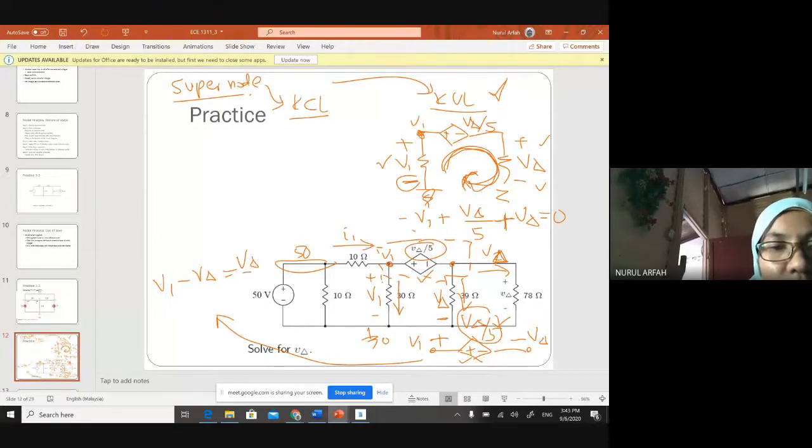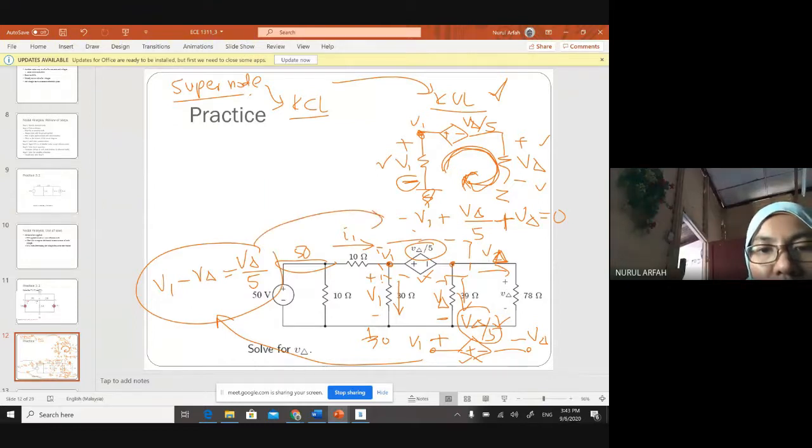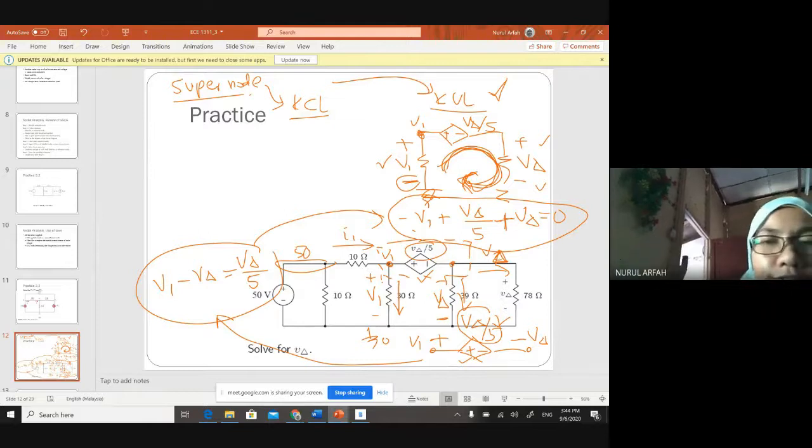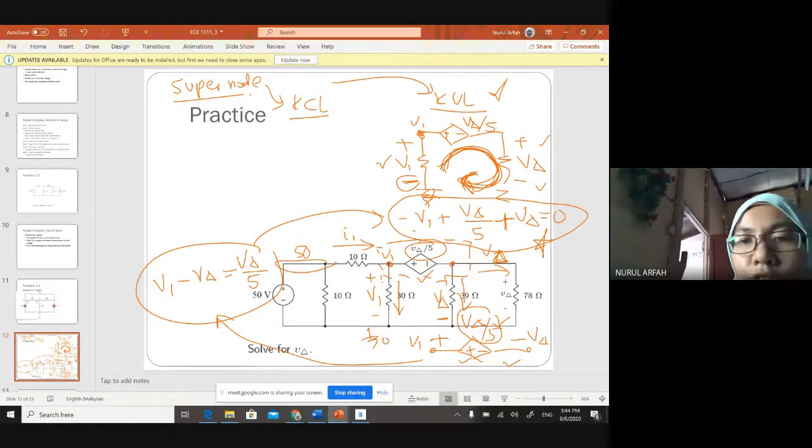Is it the same as the one you had for KVL around the loop? Yes, right. Good, so you can choose what method you like, around the loop or this one. Both are acceptable as long as the equations are correct.